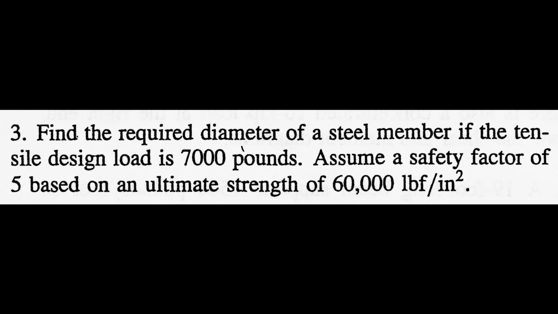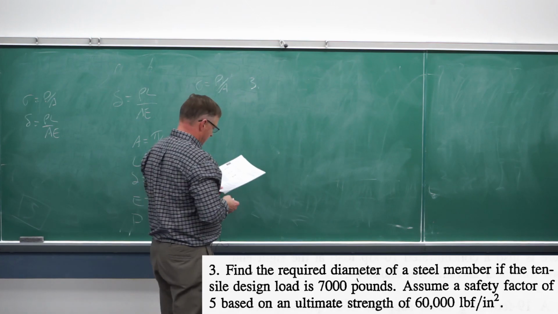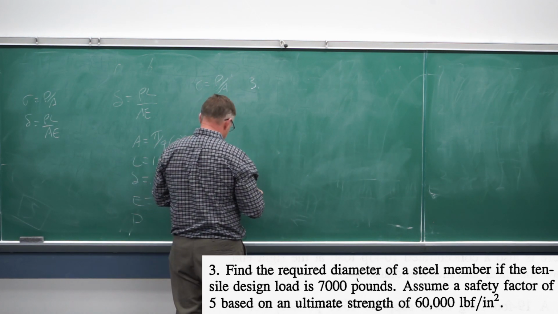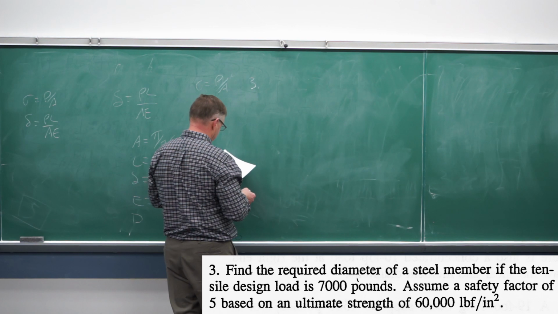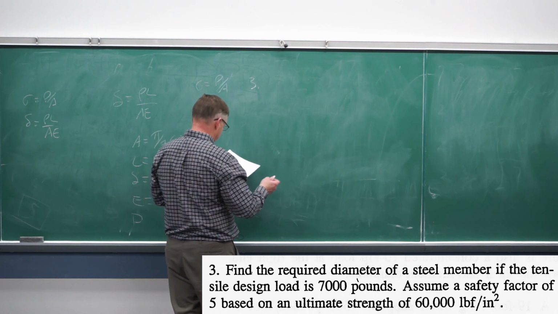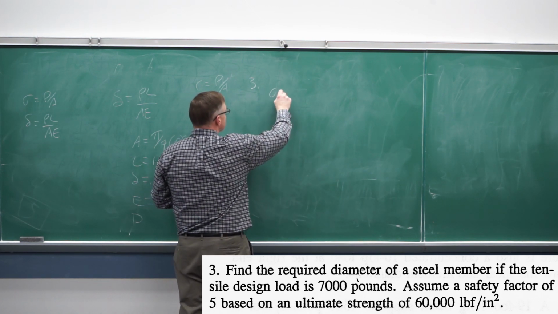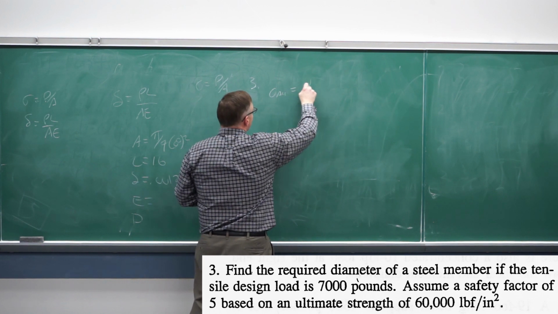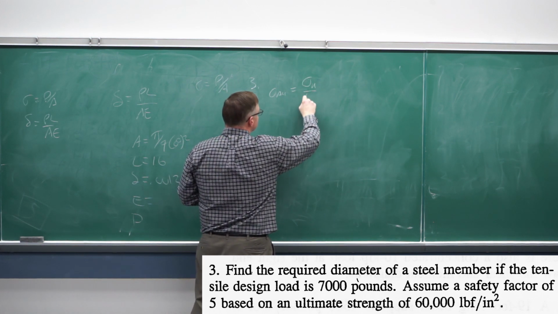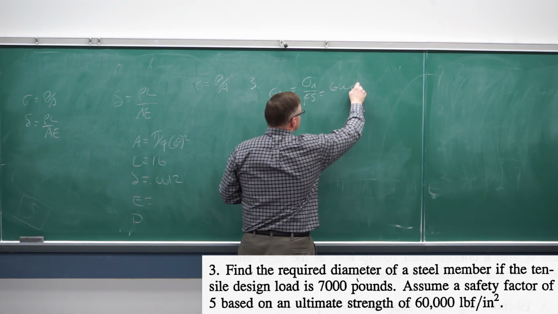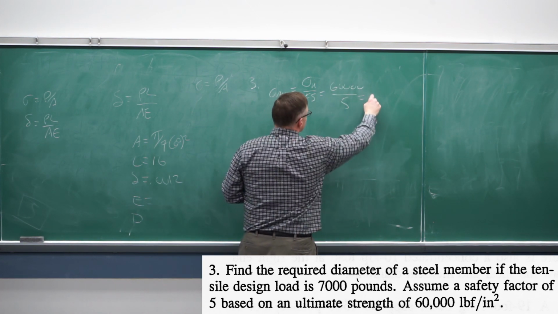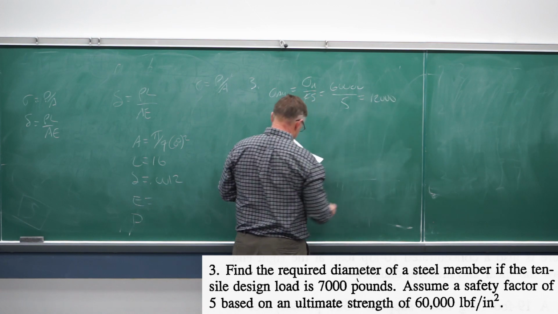Required diameter of steel if the tension load is given, assume a safety factor. So you're going to deal with that safety factor here, and we're going to assume that's applied to us. Assume this is axial loading again. Your allowable stress is going to be that ultimate stress divided by your factor of safety. So that's 60,000 divided by the factor of safety 5, so that's 12,000 is your allowable stress.